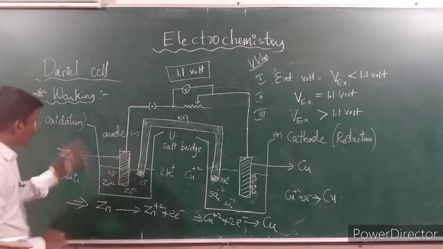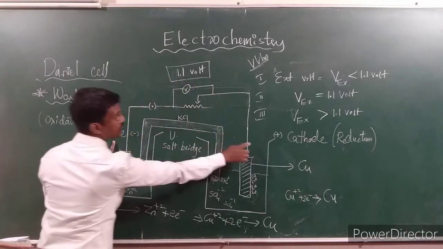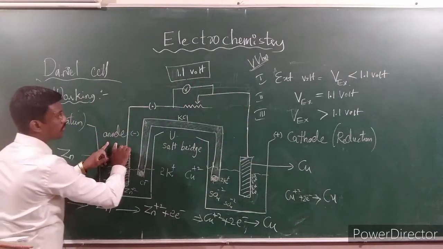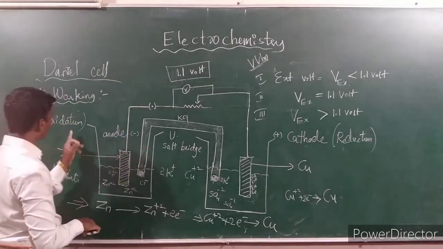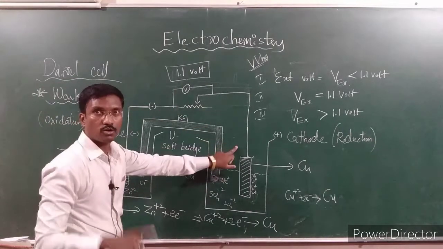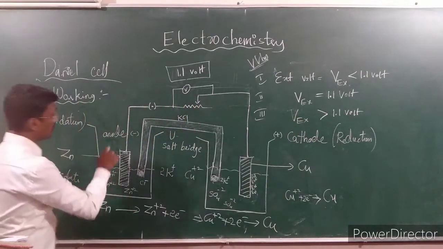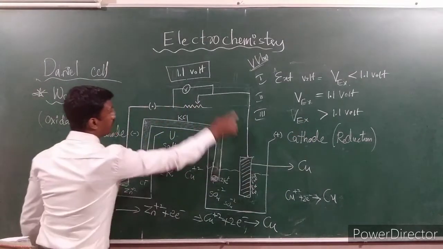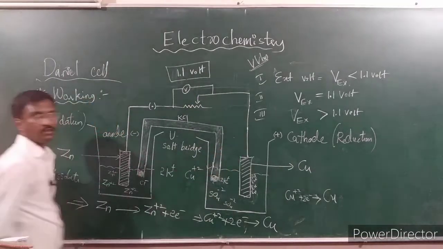The electrons will move from copper to zinc, from cathode to anode. If the electrons move from cathode to anode, then current moves from zinc to copper, from anode to cathode.